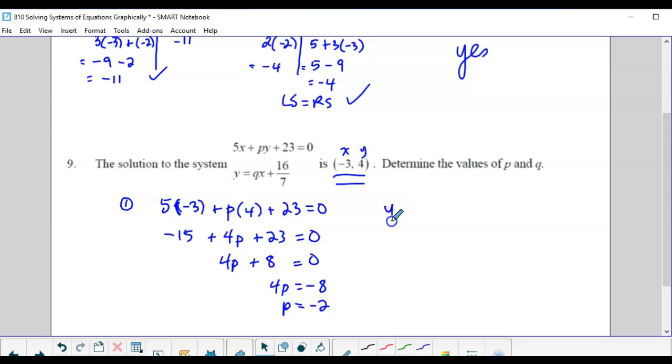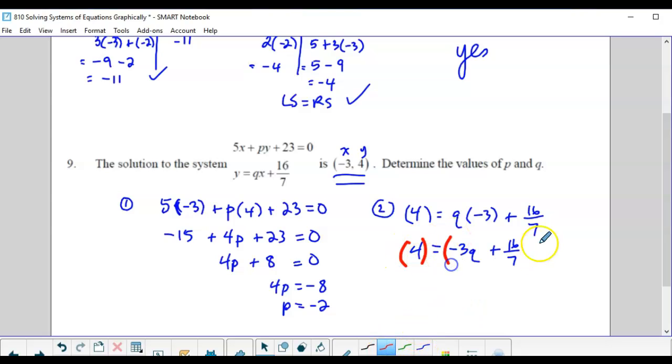And then in the next equation, my y is 4. My x is negative 3. So 4 equals negative 3q plus 16 over 7. I like to multiply and get rid of the denominator first, but you can rearrange if you want to.